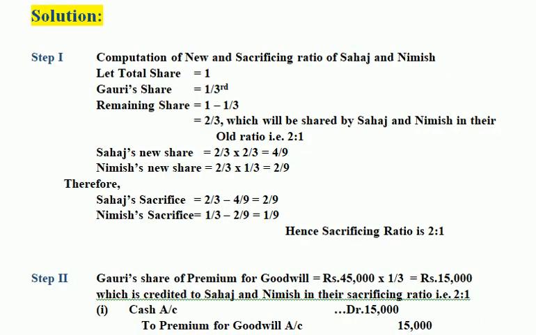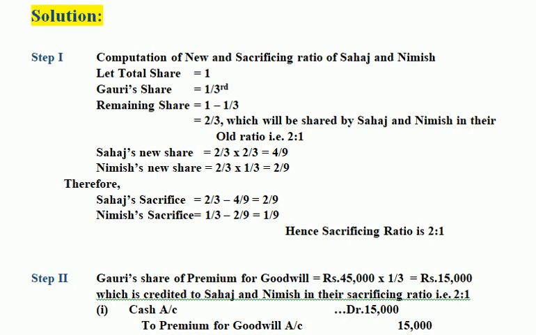So if you notice the question, the entire information provided is similar to what we have been doing in the chapter till now. The only difference is the capital of the new partner Gauri is not given in the question, and the question says Gauri brings proportionate capital.